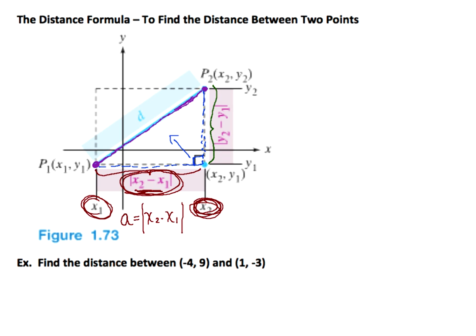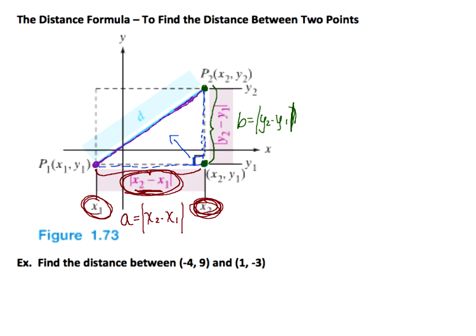So you're finding the difference vertically between your highest part of your line segment and the lowest part of your line segment. So side B here, or leg B, is actually equal to the absolute value of y sub 2 minus y sub 1. Oops, that's an absolute value sign. So it's the difference between those two things.